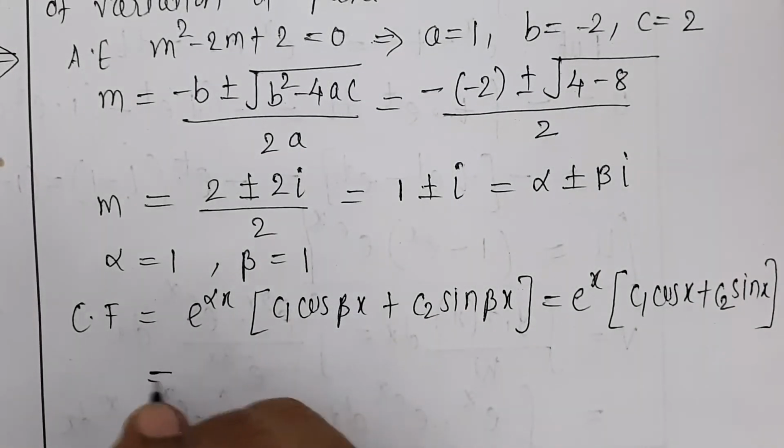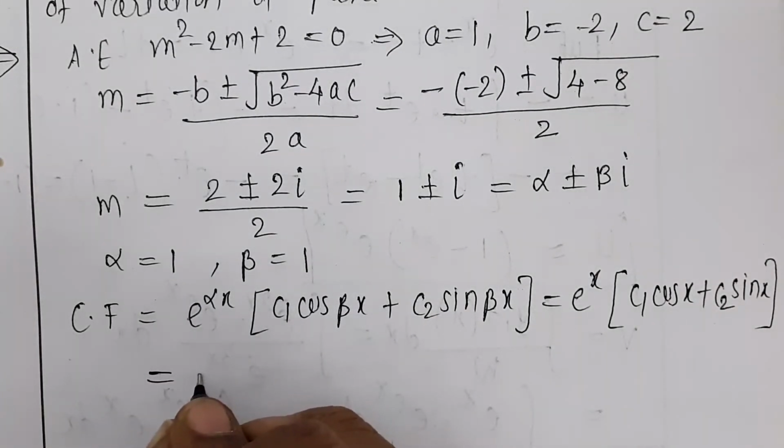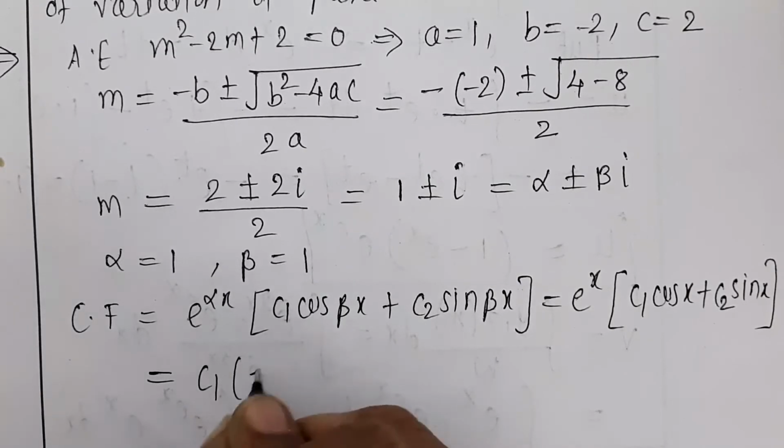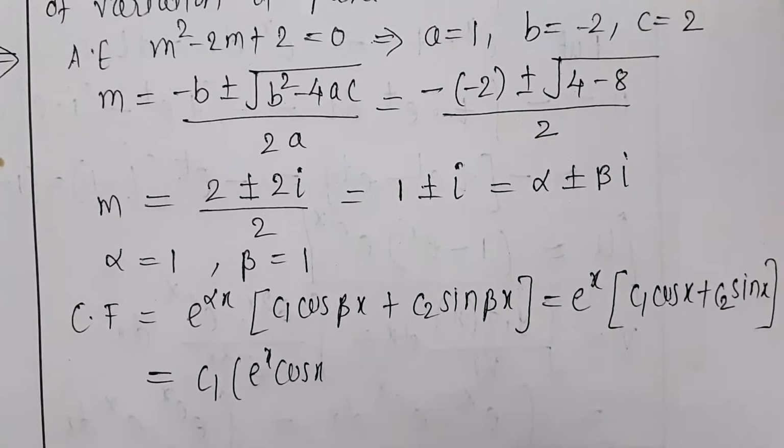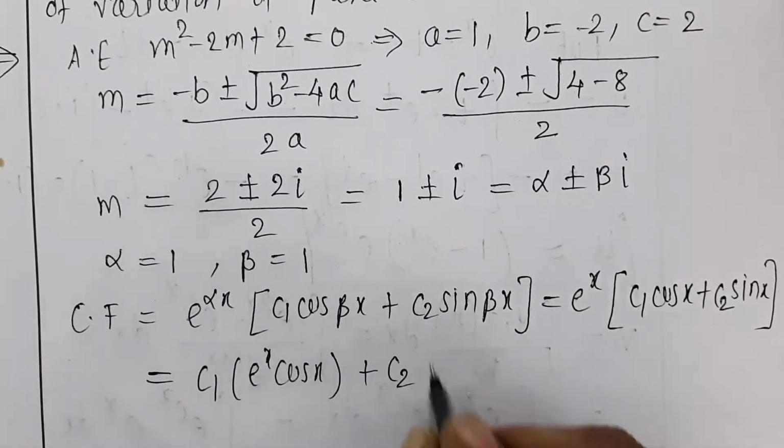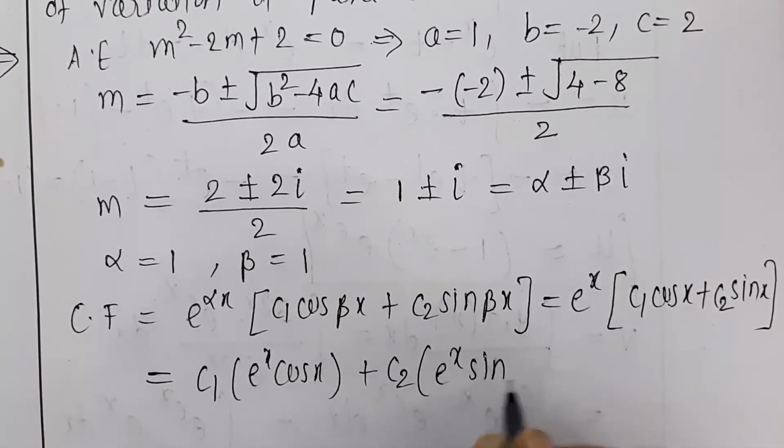So this is equal to c1 multiplied by e to the power x into cos x plus c2 multiplied by e to the power x into sin x.